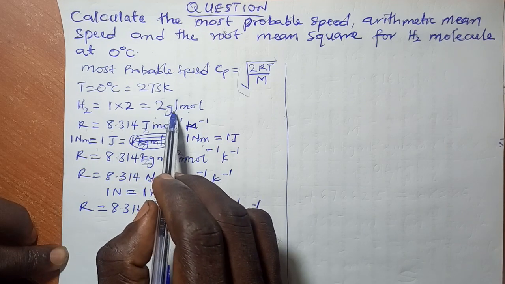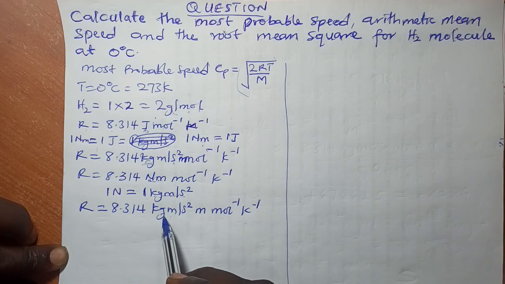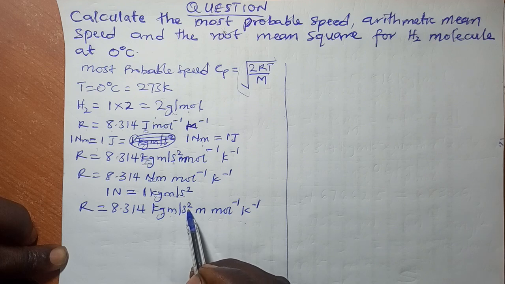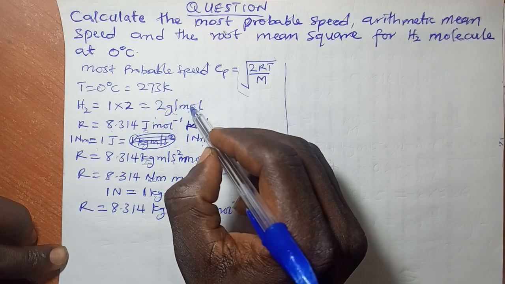So it will require me to convert it to kilogram per mole, or I convert this one to gram meter per second square. If you are converting this one to gram meter per second square, you'll be multiplying by 1000 here. Meanwhile, the reverse is the case here.